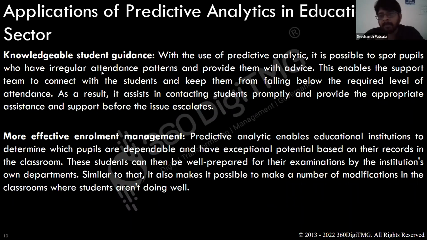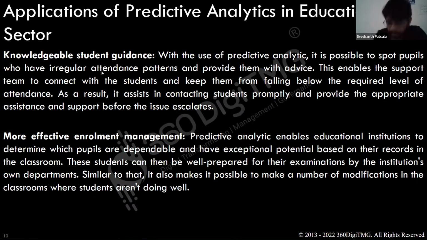In the same way, this could enable the support team to connect with the students and keep them from falling below the required level of attendance. As a result, it assists in contacting students promptly and providing the appropriate assistance and support before the issue escalates, right?